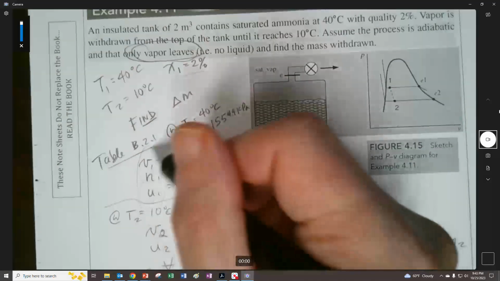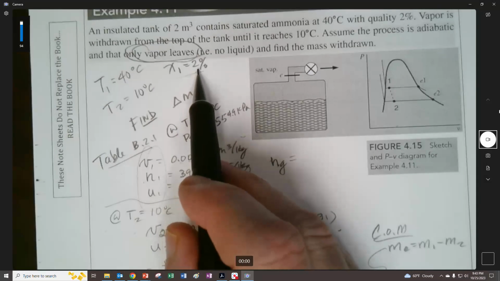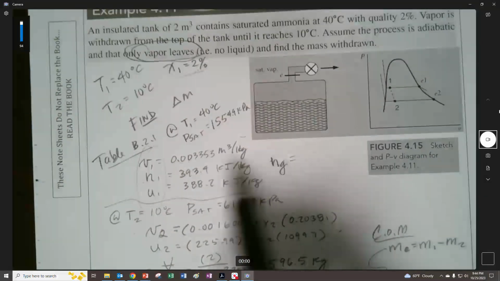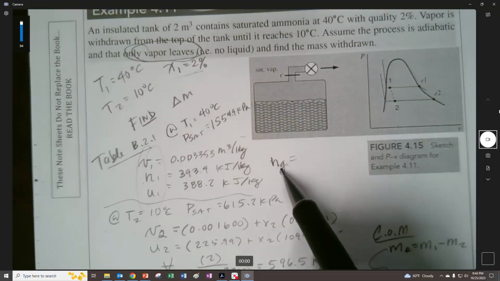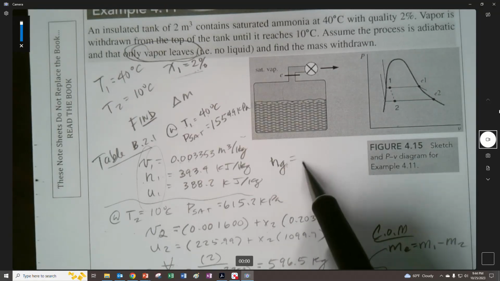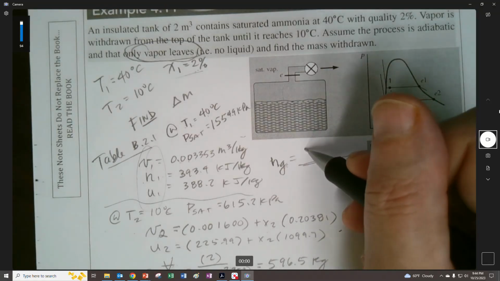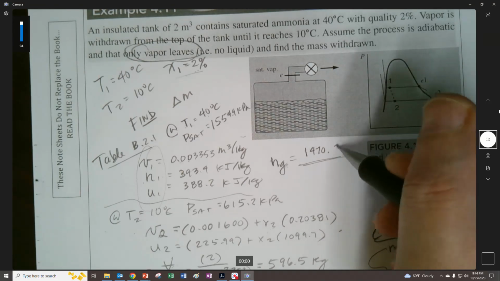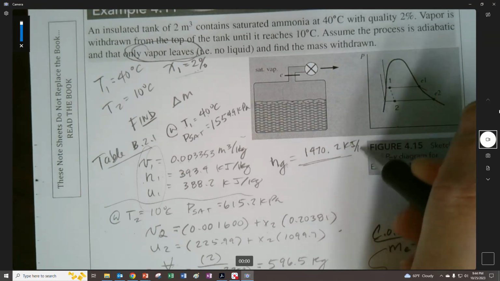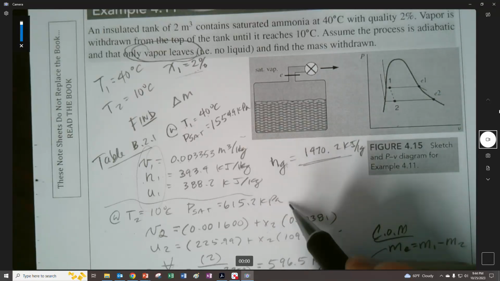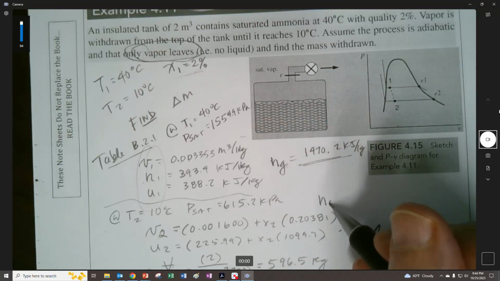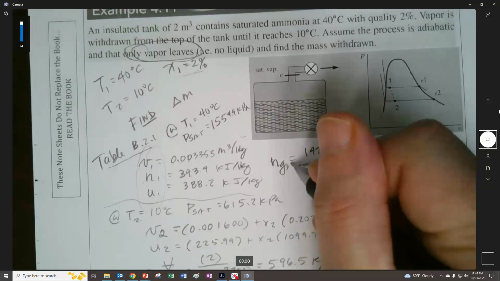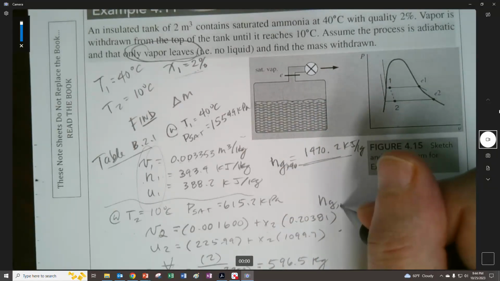These were all the values at this 2%, but we can also get at this temperature what the gas enthalpy was going to be. So we get that to be 1,470.2, I think, kilojoules per kilogram. And then we also have the Hg's. This is the Hg, call it Hg40. We go to Hg10.